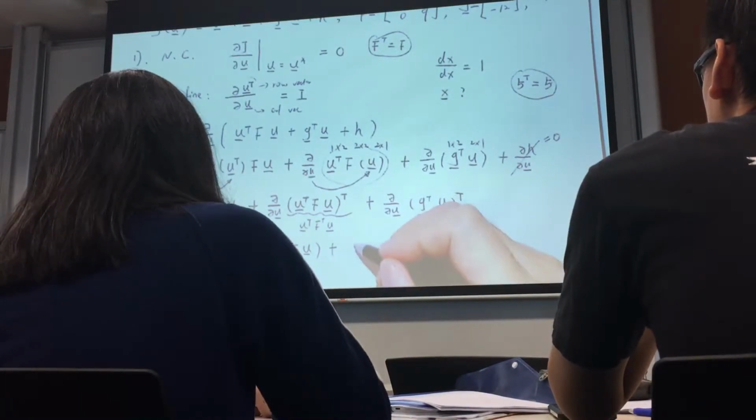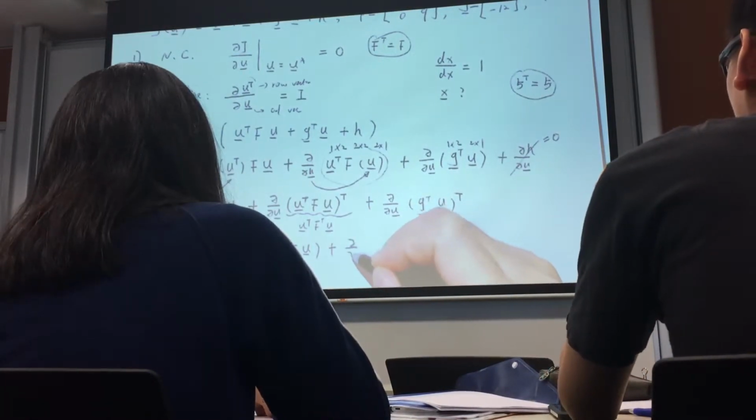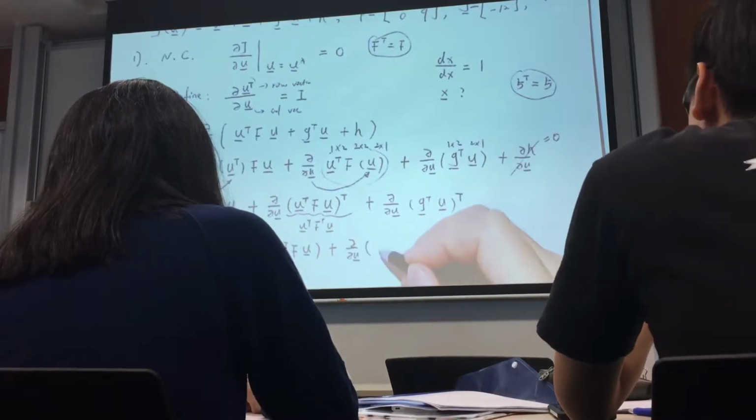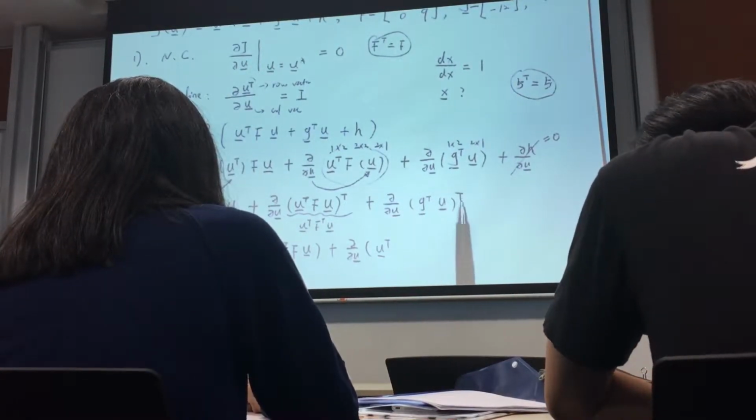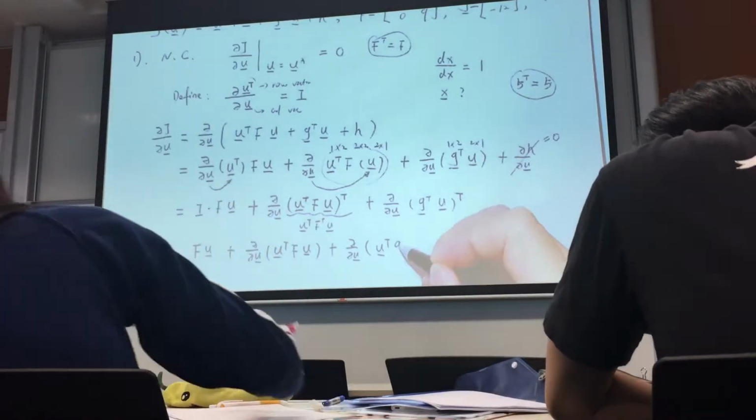And this plus the derivative of the last term, which is u transpose. So the g transpose with another transpose becomes g itself.